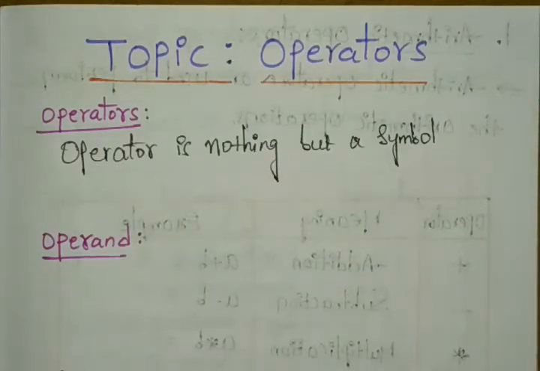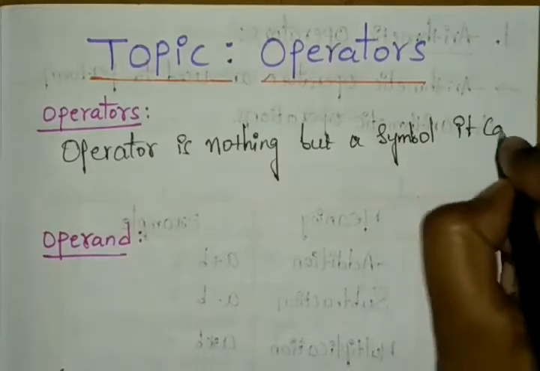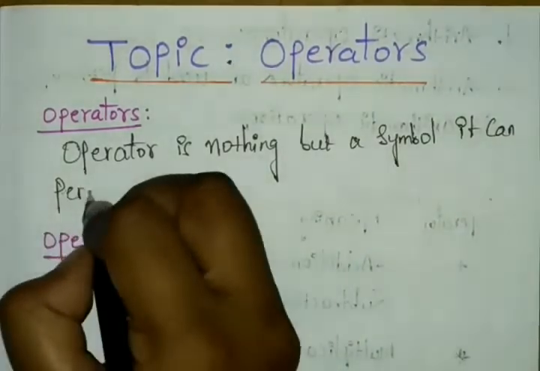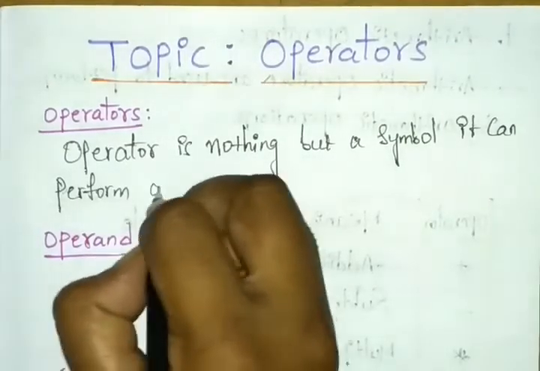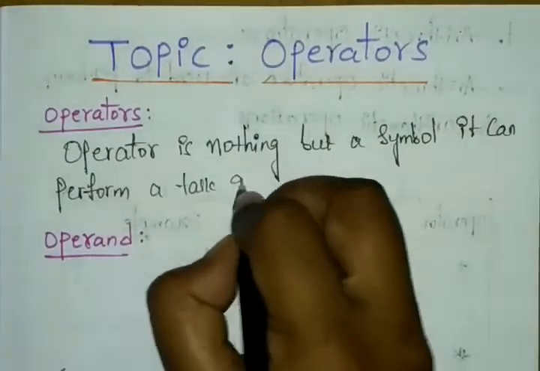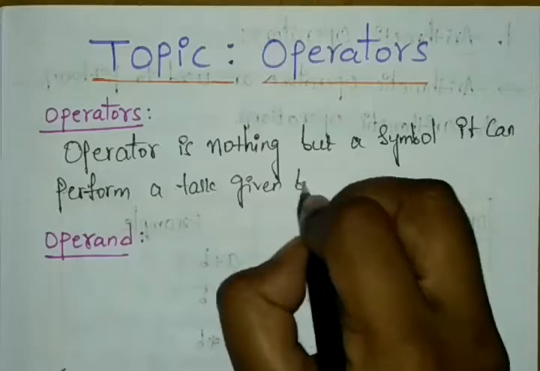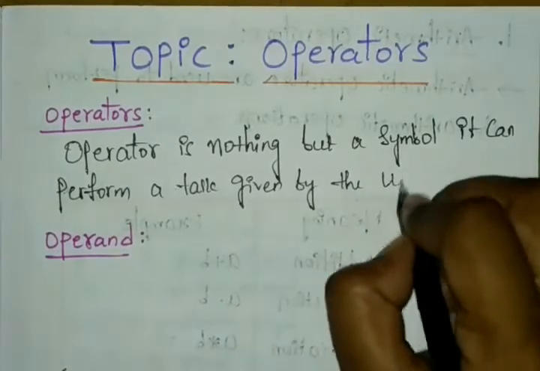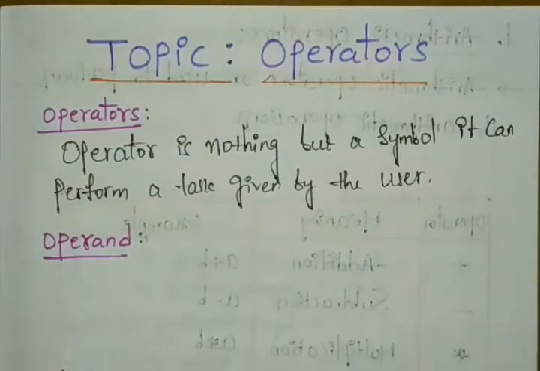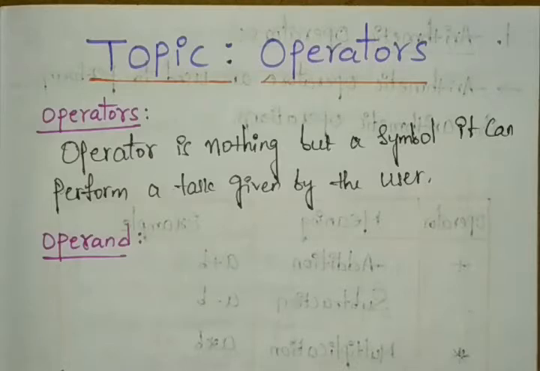It can perform a task given by the user. Whatever instruction the user gives can be performed through this symbol. I will explain which symbols we have. So an operator is nothing but a symbol that can perform a task given by the user.